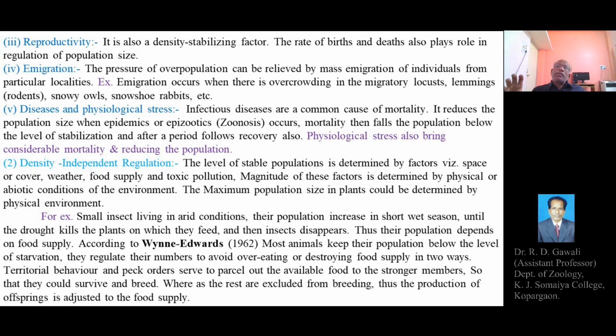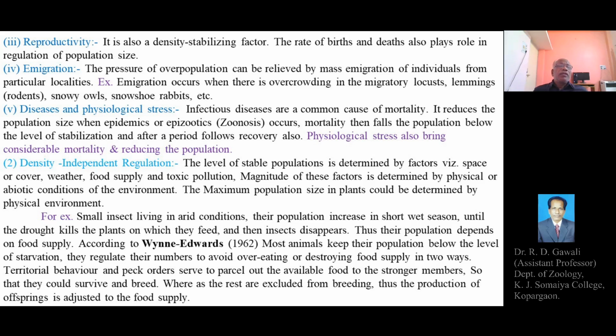So the infectious diseases or the physiological stress in the organism can lead to the death of a number of organisms. Physiological stress and infectious diseases can lead to considerable mortality, decreasing the number of individuals in a population.